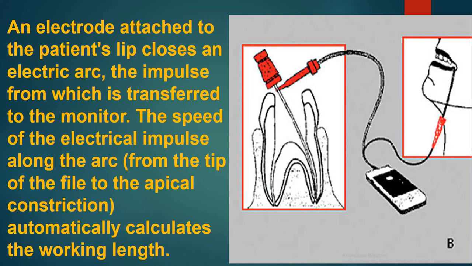An electrode attached to the patient's lip closes an electric arch, the impulse from which is transferred to the monitor. The speed of the electrical impulse along the arch, from the tip of the file to the apical constriction, automatically calculates the working length.